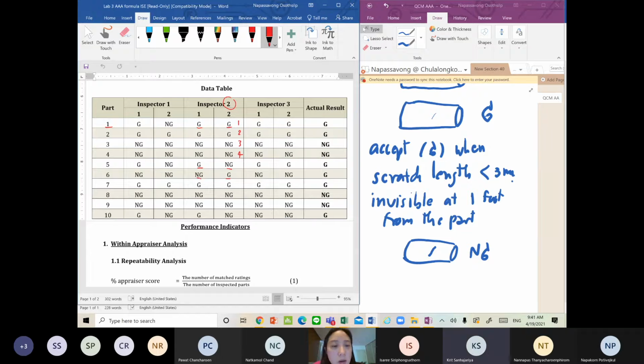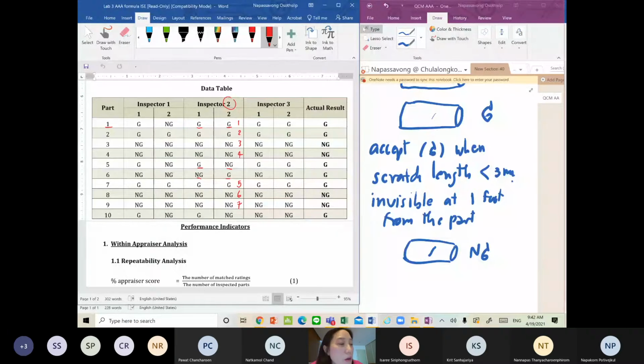Also not the same, so count it or not? Not count. Okay, do not count it. Number 7, same, right? So you count again. This is number 5, right? That are consistent. Okay, 6, 7, right?